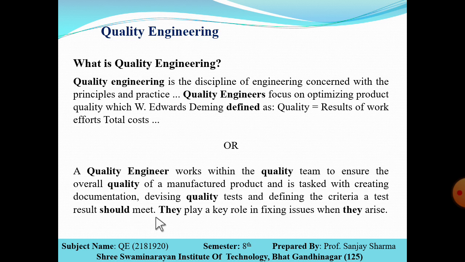What is the role of the quality engineer? It is to work with the quality team to ensure the overall quality of the manufactured product, maintain its documentation, devise quality tests, and define the criteria a test result should meet. Whatever result has been defined, it should meet that. They play a key role in fixing the issues when they arise. So these are the two definitions of quality engineering and quality engineer.